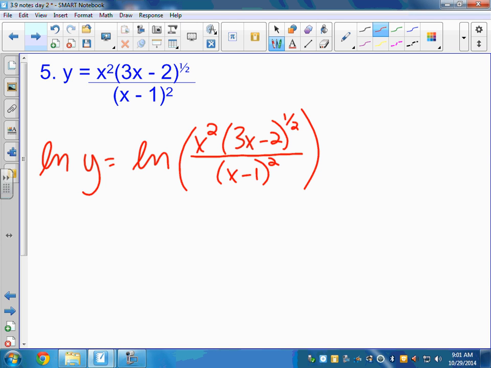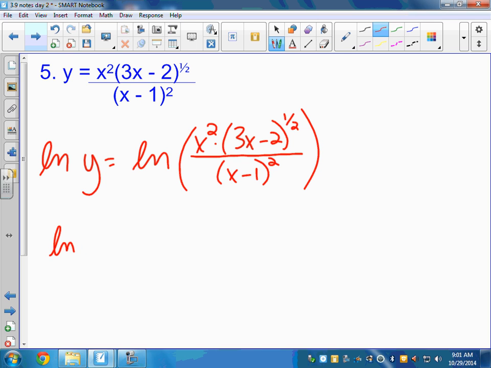I'm going to do this in 2 steps just so you can kind of maybe follow it in your notes when you look back at this. But in the future, if you can do it all at once, do it all at once. But I know I can break multiplication into addition and division into subtraction of ln's.